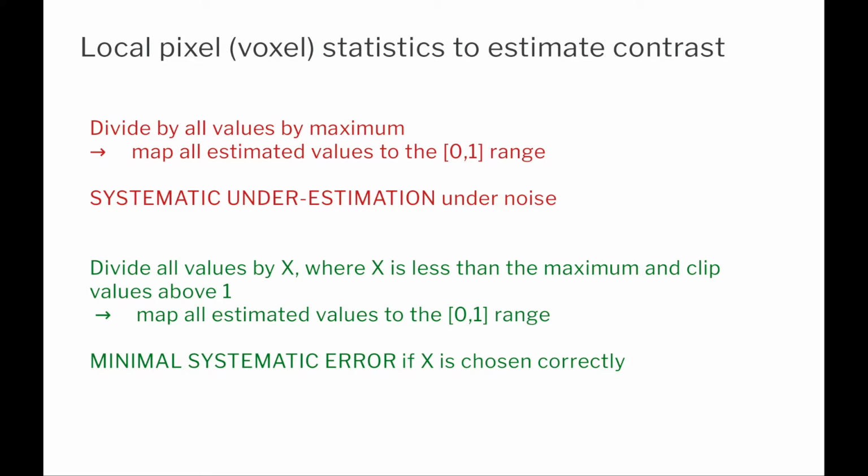Effectively, we will be finding a procedure to divide by a value smaller than the max, and then clipping everything that is higher than 100% to 100%. This is a very naive way of reducing the systematic error and getting something that looks a lot more reasonable. It's an approximation, but it is one that works extremely well.